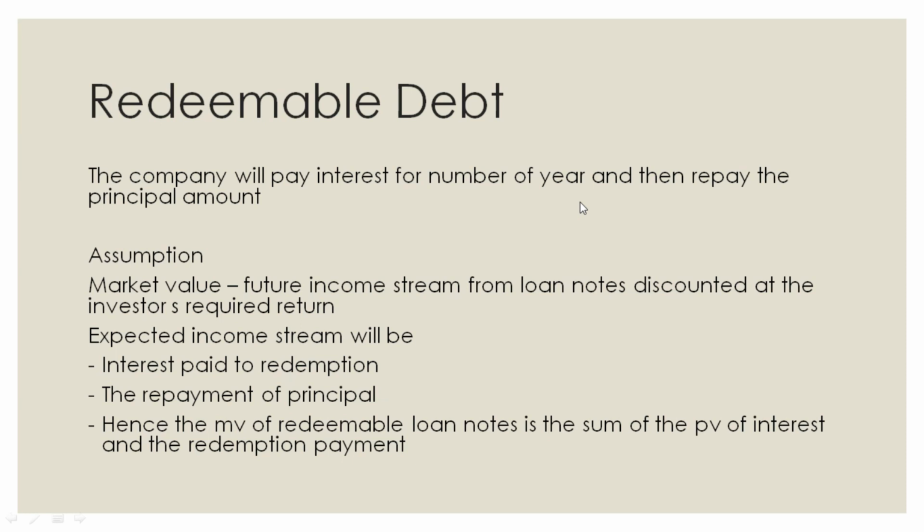Second, the expected income stream will be the interest we are receiving and the repayment of the principal amount. In irredeemable debt there is no repayment of principal, but in redeemable debt you receive the repayment of the principal amount.